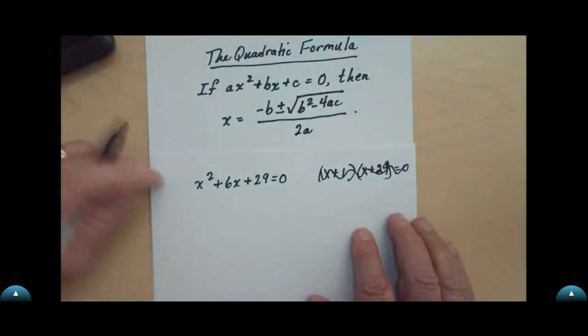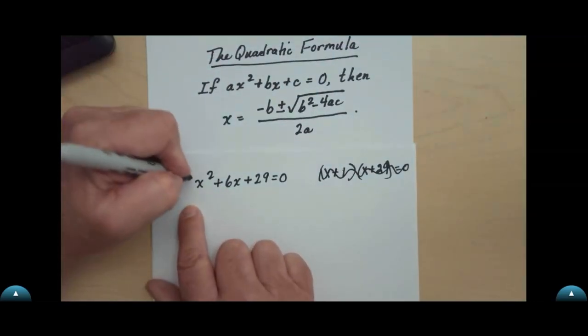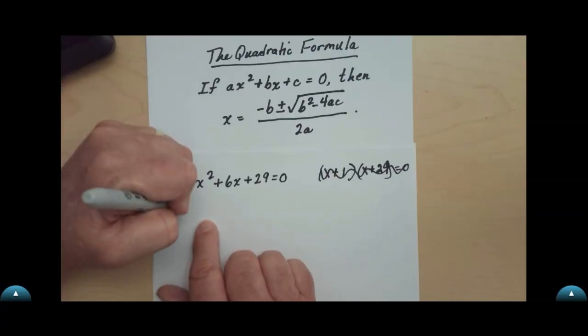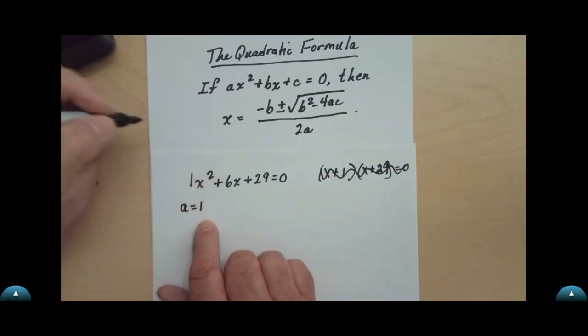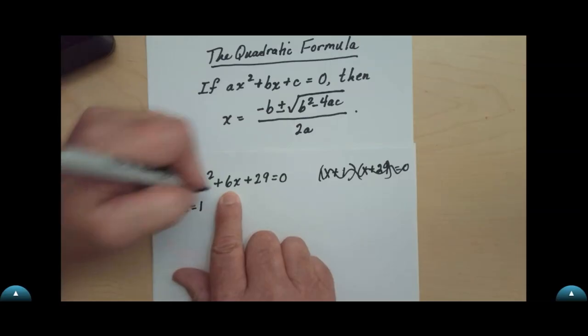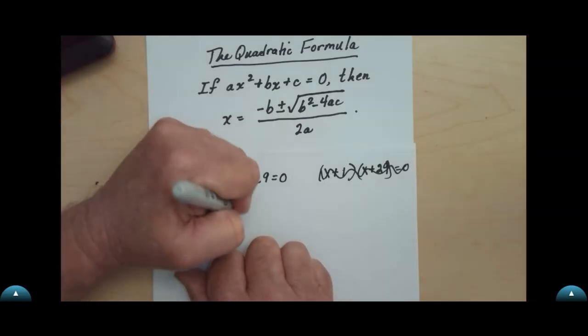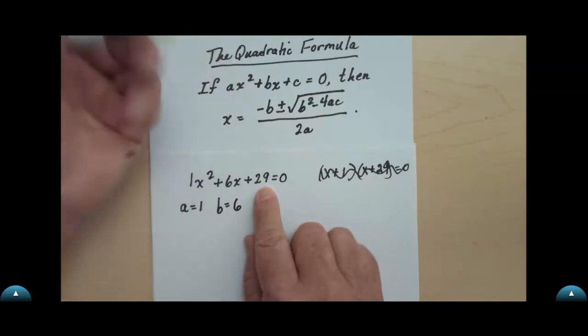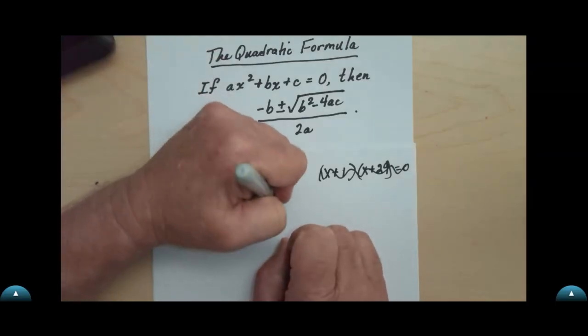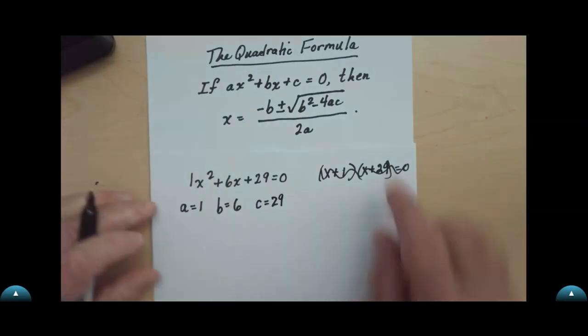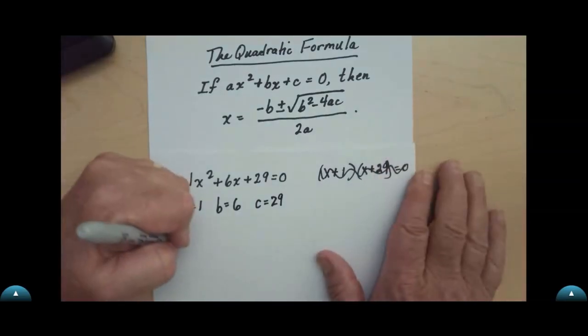It's pretty obvious. So, okay, x squared is the same as 1x squared, so our value of a is 1. B, the coefficient of the first degree x term, our value of b is 6. Our constant term, c, is 29. And now I just need to plug those into the quadratic formula.